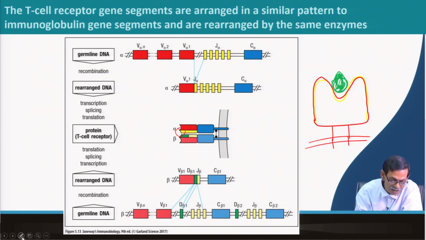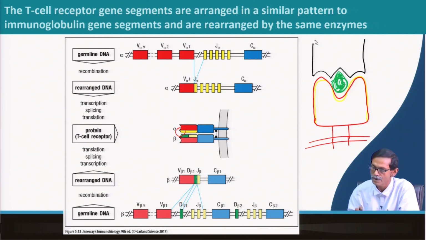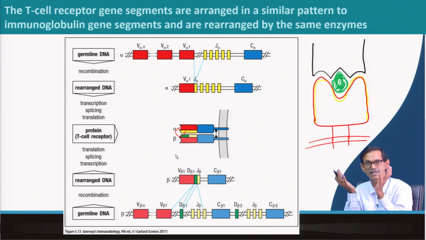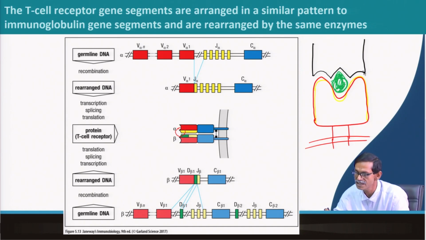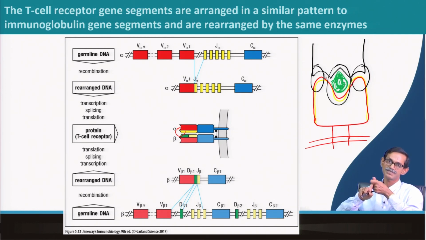So, now if a T cell receptor interacts, how will it interact? It will interact like this. Okay. If you see this structure, the outer part of the T cell receptor is interacting with the MHC only, and the central part is mostly important for interacting with the antigen, which is contributed by CDR3.